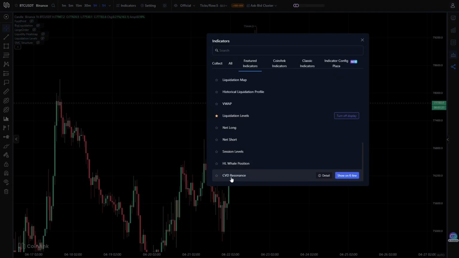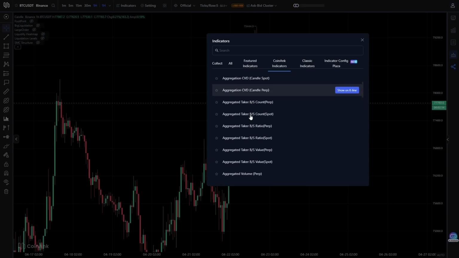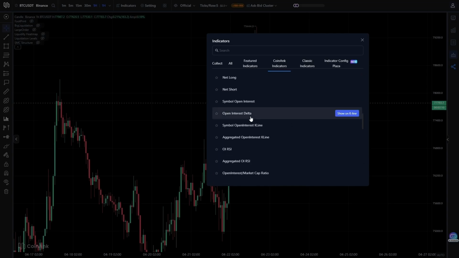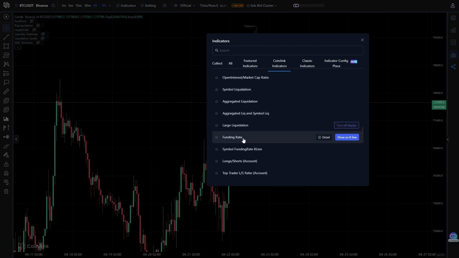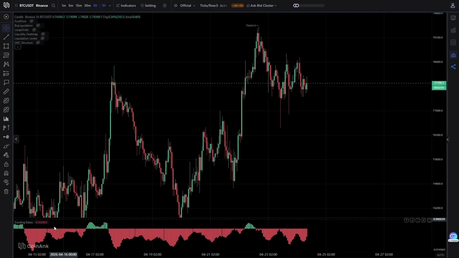HL whale position, your CVD resonance, which is also really nice. You have your CVDs, futures. I'm just gonna scroll through it because all of these were here already, if I remember correctly. Funding rate, which is also really nice to have, by the way.